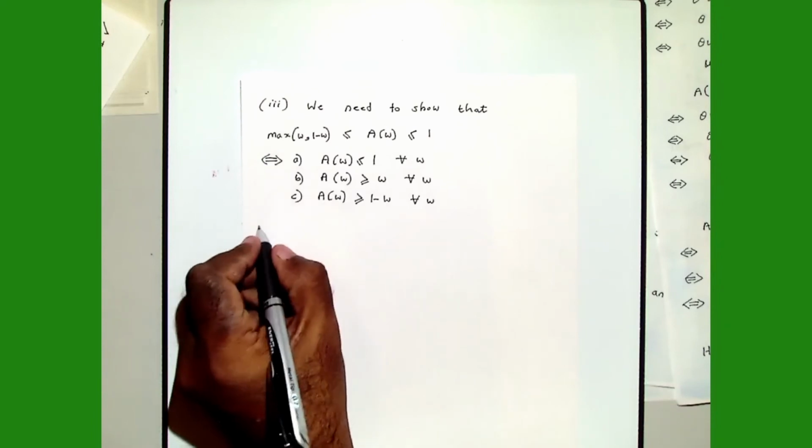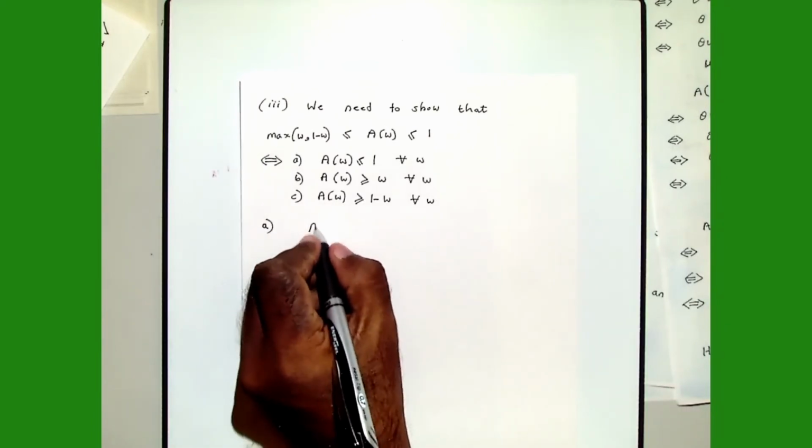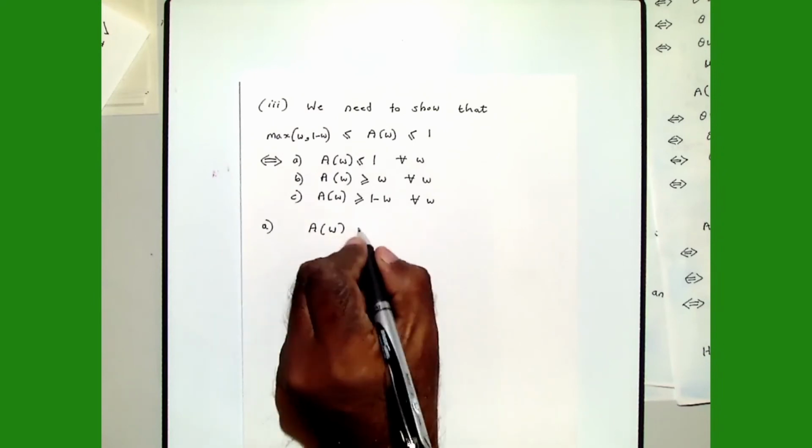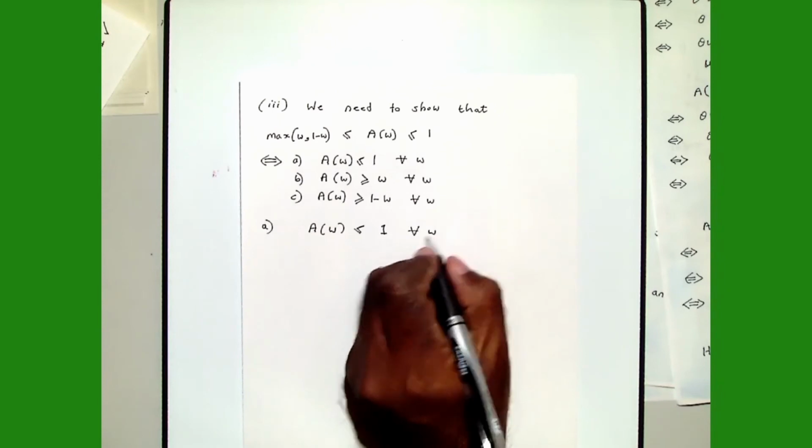So let's start with Part A, which is A of W must be less than or equal to 1 for all W, right?